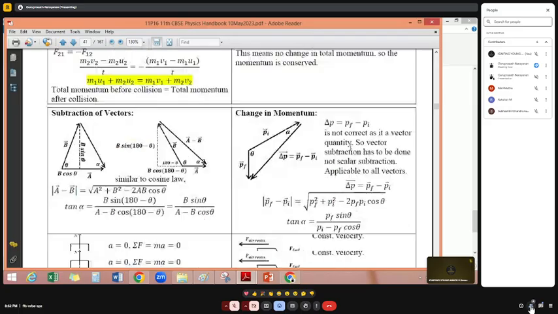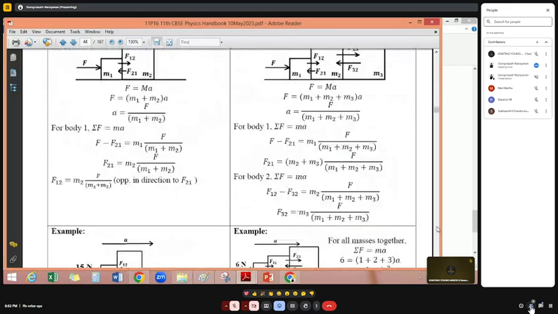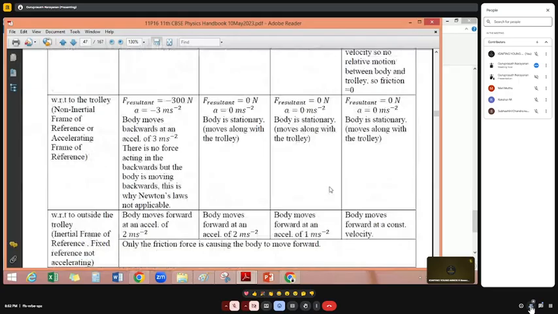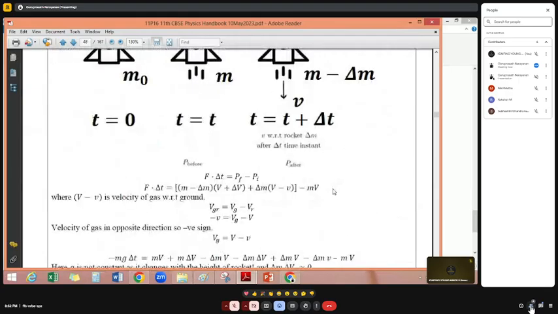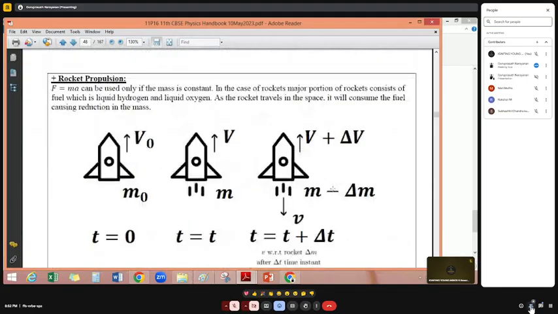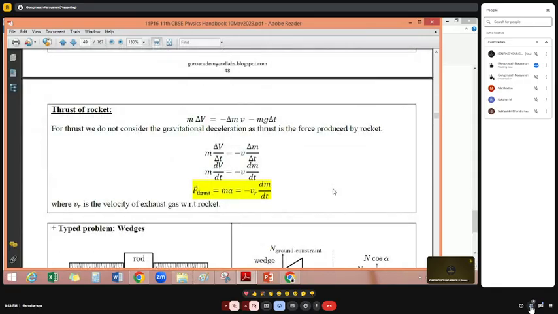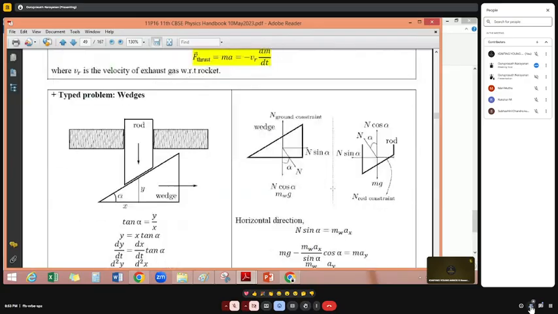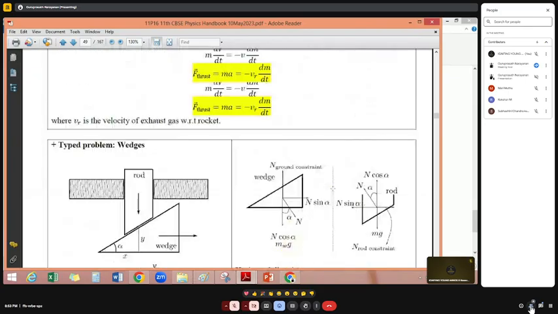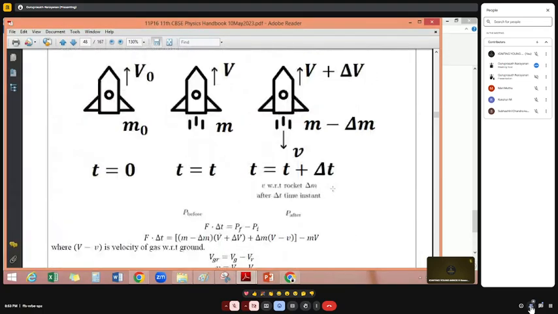I think towards the end somewhere I have given it for the rocket problems. Okay, even the rocket problem I have not given it. I will add it in the newer version, right? So for now, you take it down.